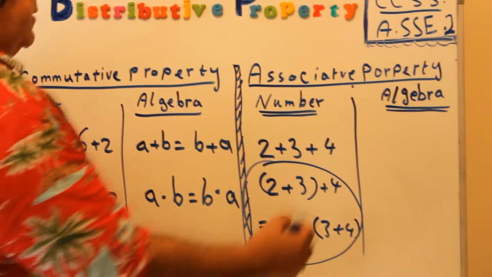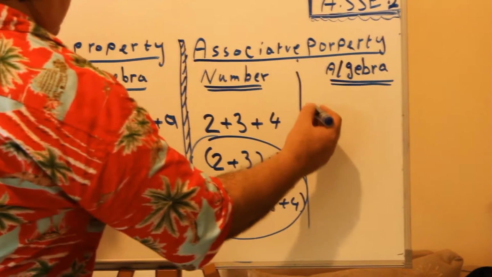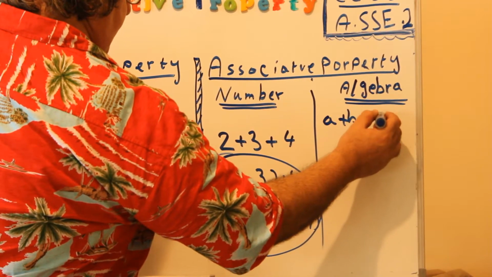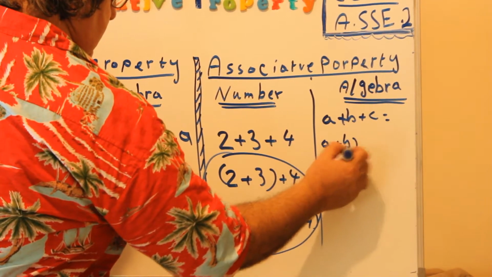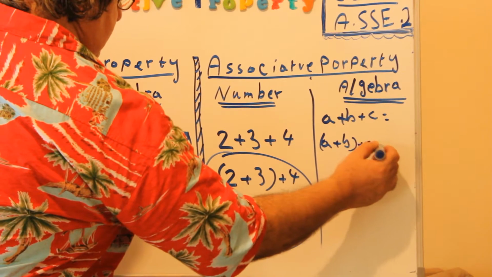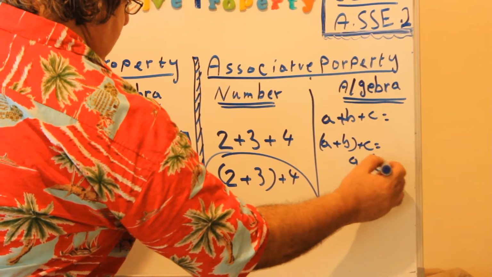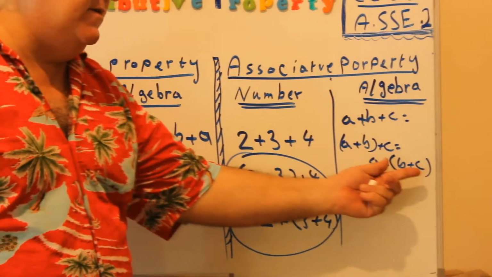I can say the same thing in multiplication. So A plus B plus C gives me A plus B, plus C, equal to A, plus B plus C. One time this group, one time this group.